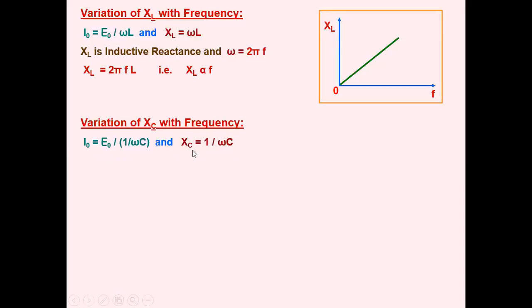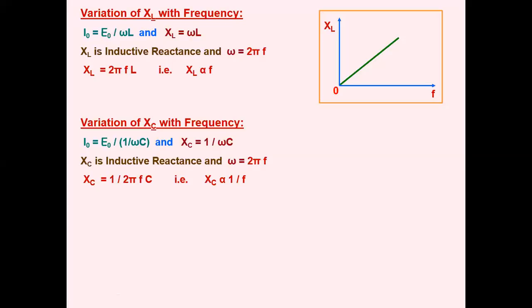So capacitive reactance will be inversely proportional to linear frequency. Omega equal to 2 pi f, so XC equal to 1 upon 2 pi fC, as C is constant, that is capacitance of a capacitor. So for a given capacitor, capacitive reactance will be inversely proportional to frequency. More is the frequency, less will be reactance.